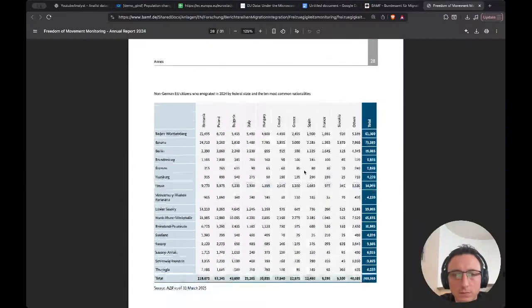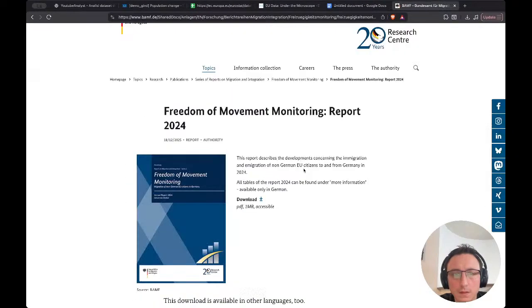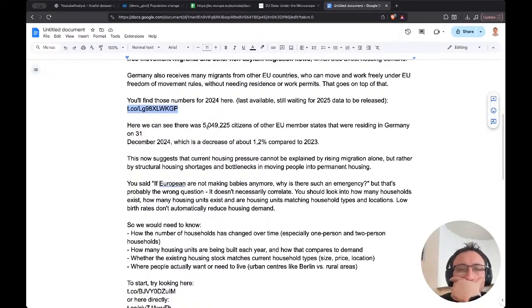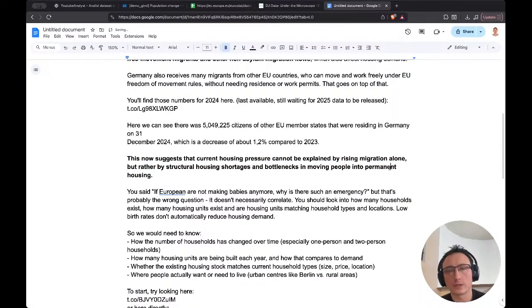No. So this suggests that the current housing pressure cannot be explained by rising migration alone, but rather by structural housing shortage and bottlenecks in moving people into permanent housing.